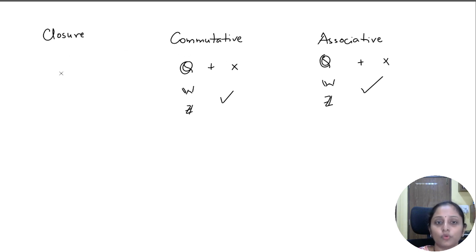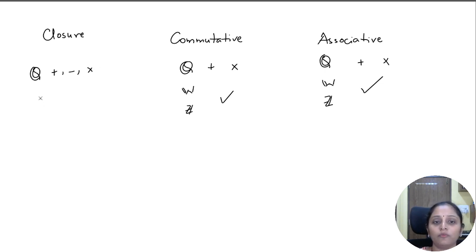Now coming to closure property, you will see that for the set of rational numbers, addition, subtraction and multiplication, the set of rational numbers is closed under all these three operations. For division there was an exception of the element 0, right?